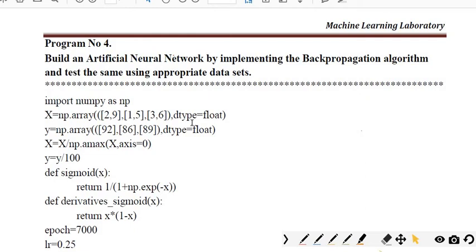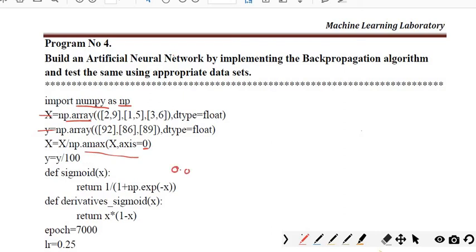Okay, so this is the Python implementation of the backpropagation algorithm. Here I am using a library called numpy, and I have renamed it as np. Here we have considered two arrays, one is x, one is y, and I have to consider the maximum size of the array. The x-axis is initialized to 0, and the y value is y divided by 100.